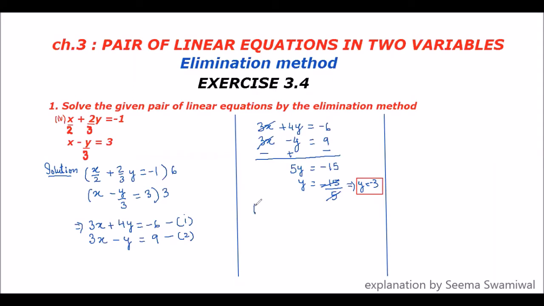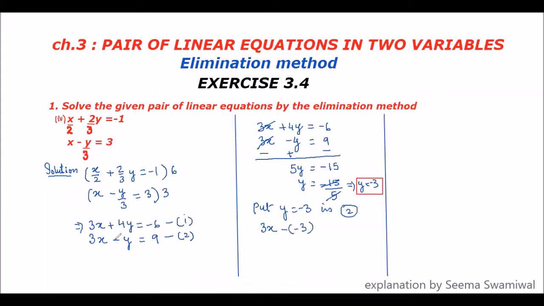So put y is equal to -3 in the second. If you put it in the second equation, it will be 3x minus y. In place of y, you have to put the value of y, so it will be -3. So minus of -3.